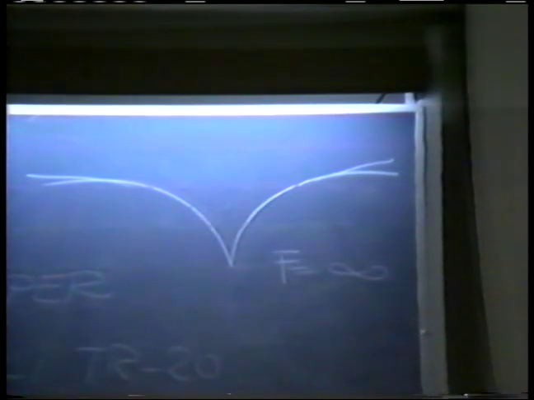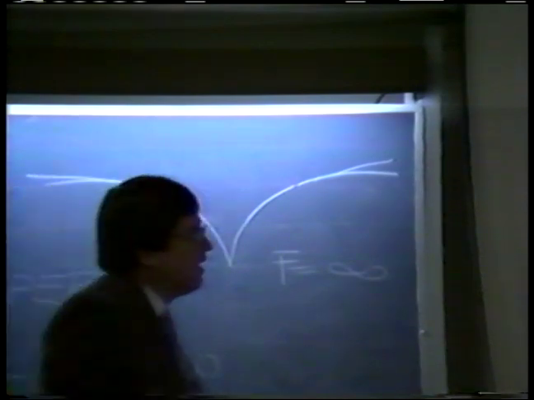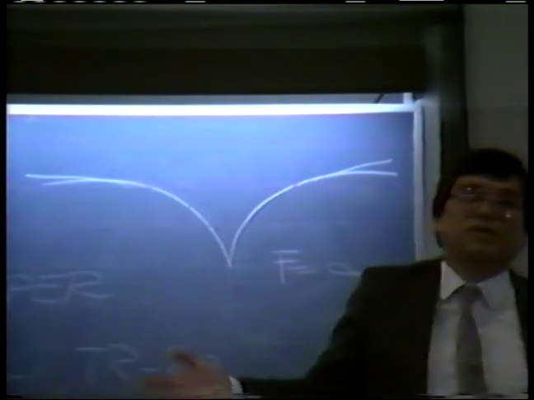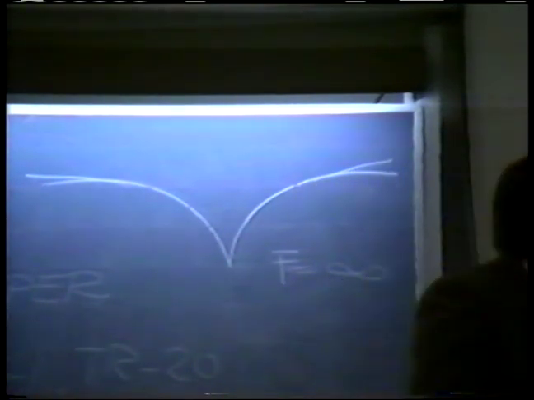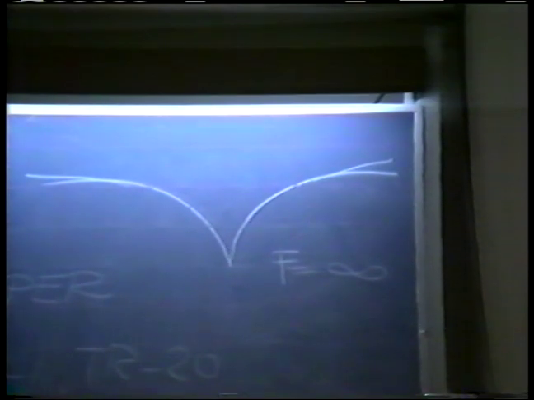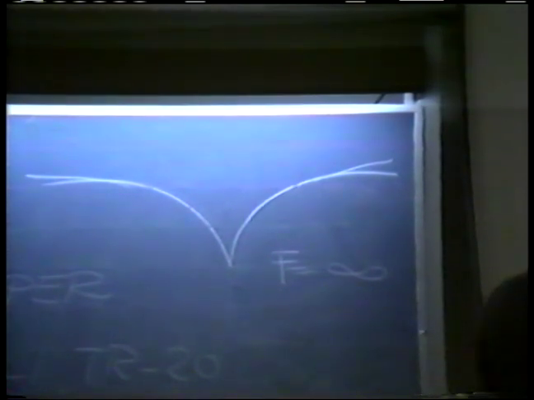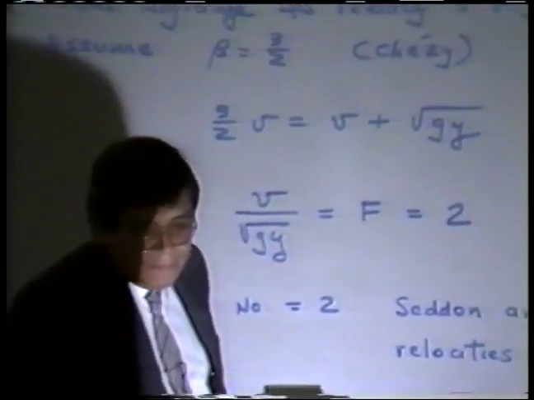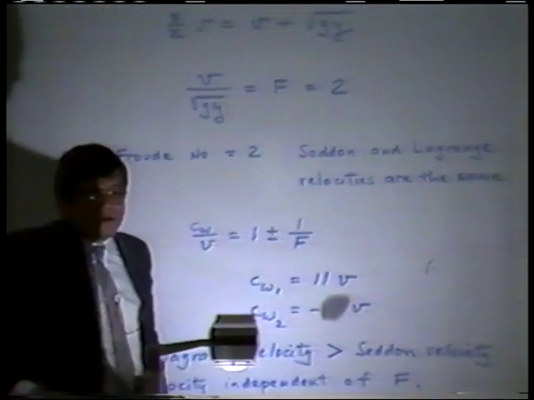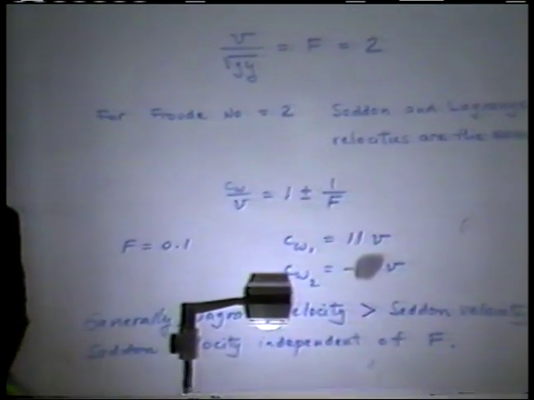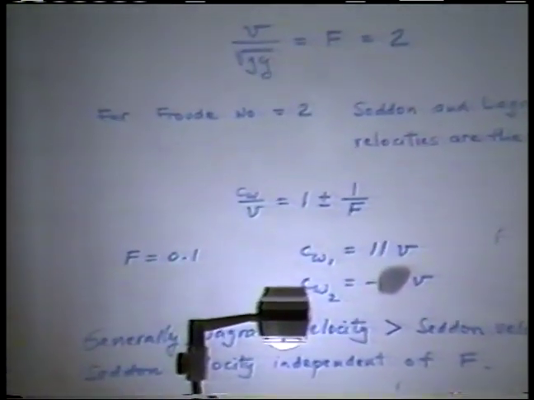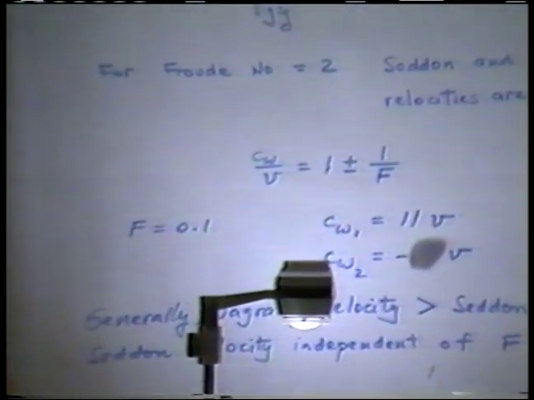The more coverage there is, the less the chance of producing these very well-defined roll waves. Notice that if we apply a typical Froude number, say Froude number equal 0.1, and I'm sort of exaggerating the value here to make a point.